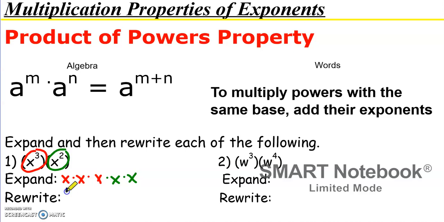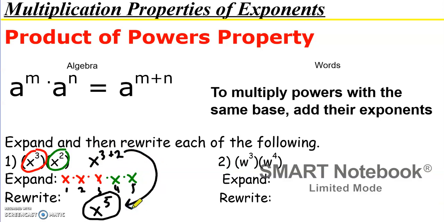Well, I have 1, 2, 3, 4, 5. So our final answer is x to the fifth. And notice, I have 3 and 2 as my exponents. So I really have x to the 3 plus 2, which gets us to x to the fifth, because 3 plus 2 is 5.